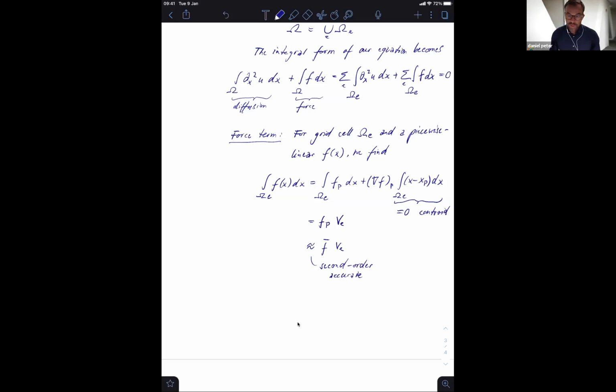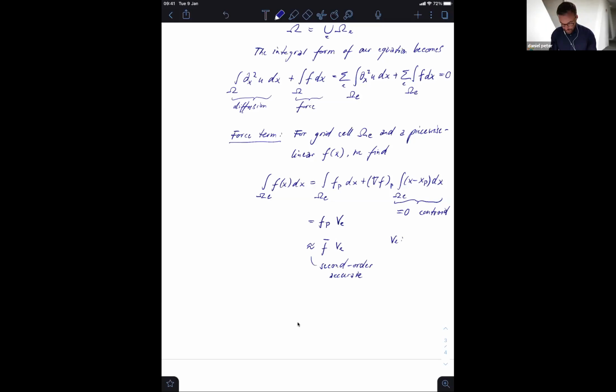So often when you look at the finite volume method, you see that people use the cell averages of the quantities, which if we use this cell-centered approach becomes the same as using the value at the centroid position.